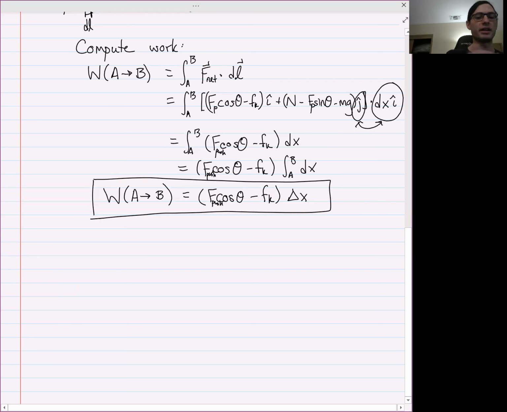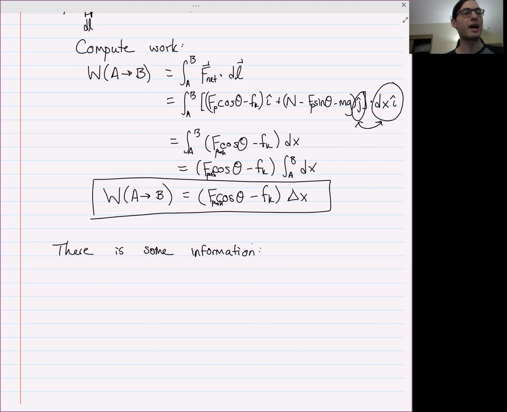And what I mean by that, let me write this down. There's some information loss. It cares about the path taken, right?